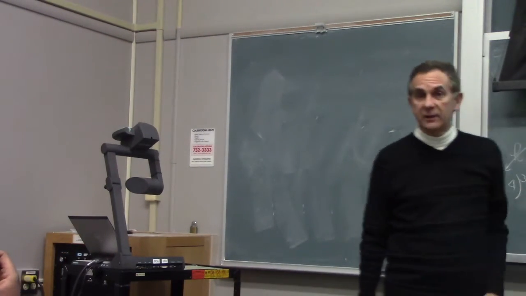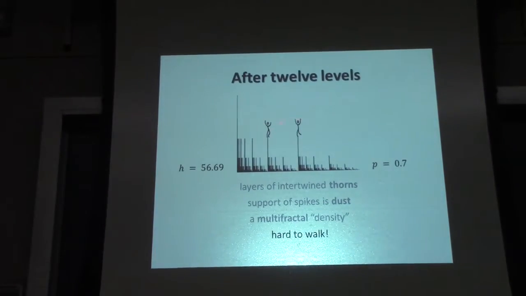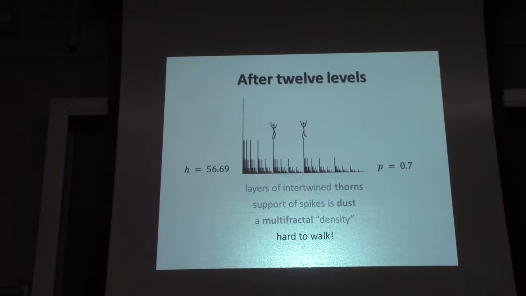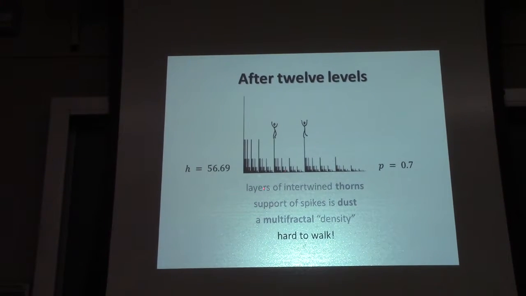Clearly, it's very difficult to walk. So imagine that I happen to be here and I want to visit a friend at the same height. I need to go down and up and up and down and up and down. It's not as simple as, hey, how are you? Another thing that I ought to say is that if you happen to be on a very tall location, this is a rather precarious place to be.